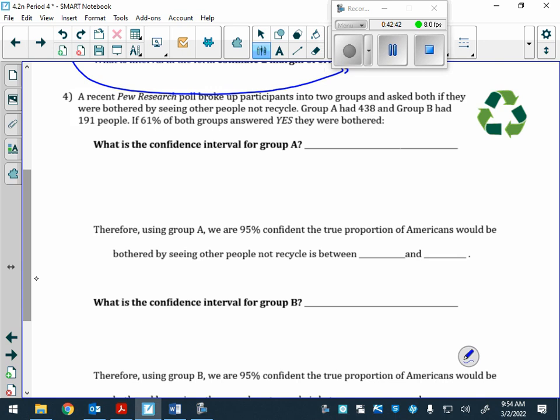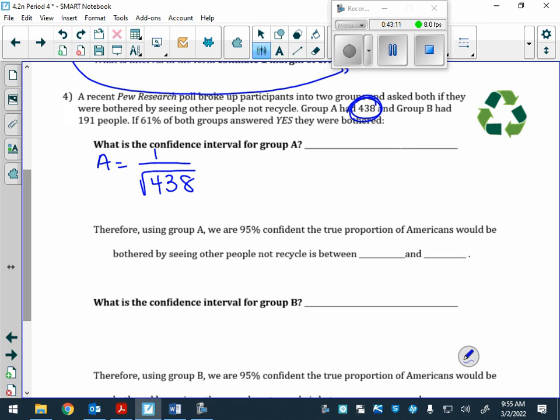Great clarifying questions. So what is the margin of error for Group A? How about this? What is the sample for Group A? Catherine, is that a hand? 438. 438 is the sample for Group A. So 1 over the square root of 438 would be what as a percent?